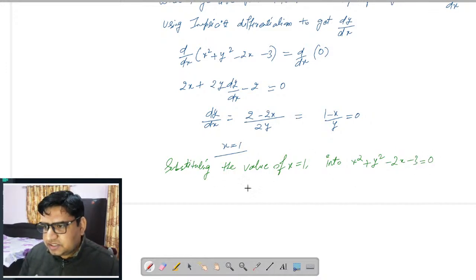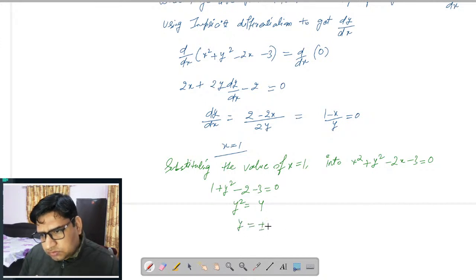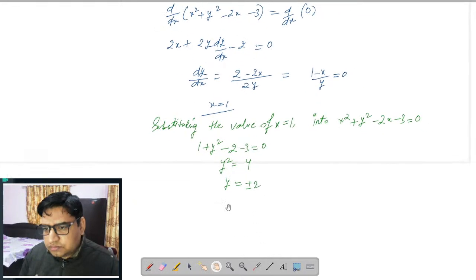Now putting x is equal to 1, we get 1 plus y square minus 2 minus 3 is equal to 0. So y square will be equal to 4 and y will be equal to plus minus 2. So we get 2 points.